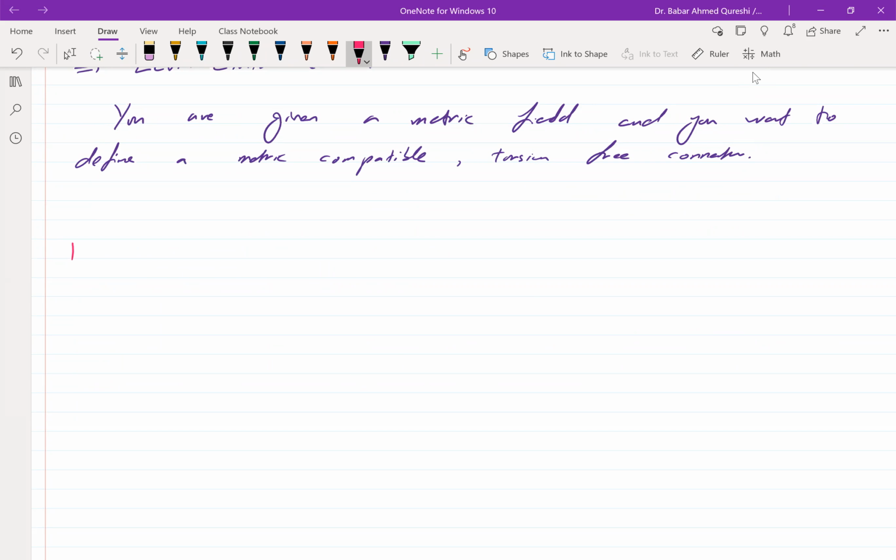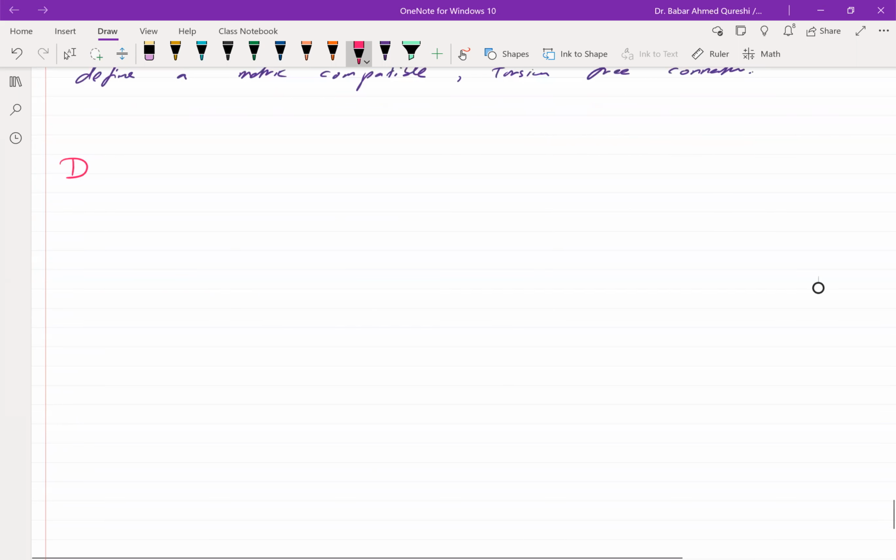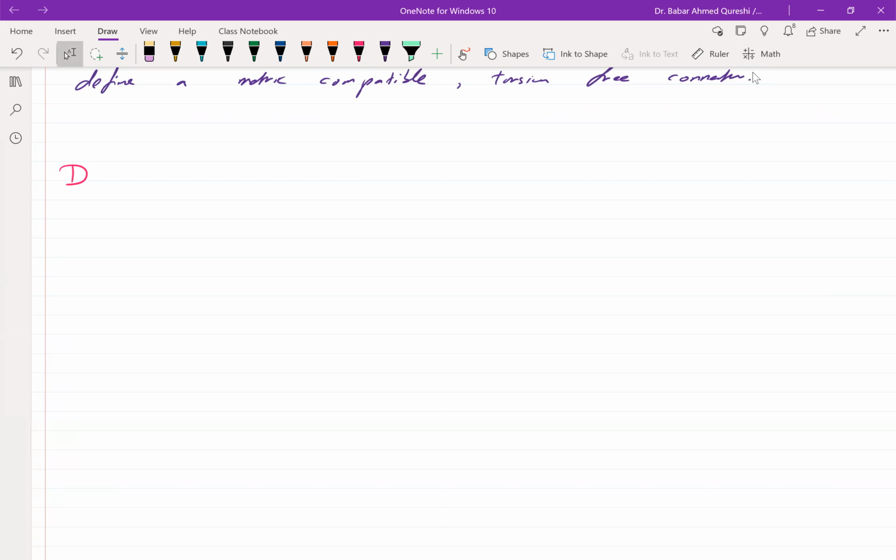Well, let's start. Now this is going to be a little bit tough because we have to keep track of symbols. So I write this metric compatibility condition.